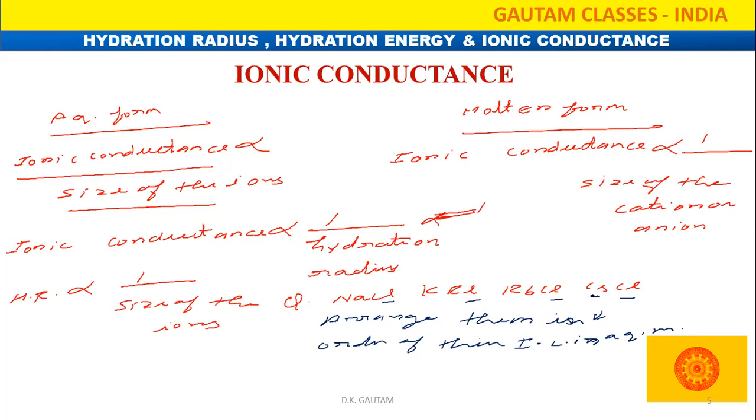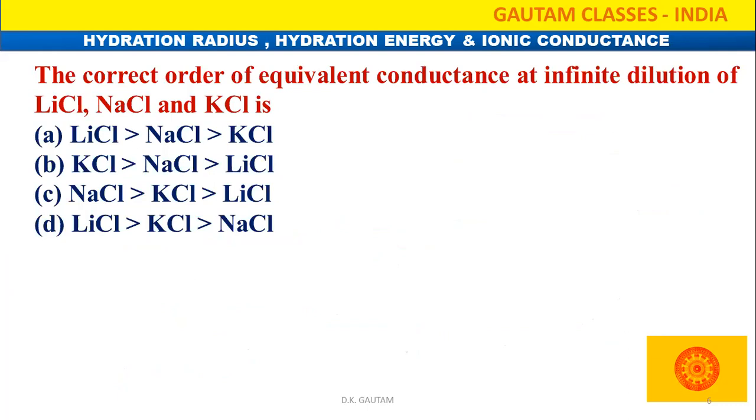Cesium has the highest cationic size, so its hydration radius will be lower. If hydration radius is lower, definitely ionic conductance will be greater. So the ionic conductance order is cesium chloride, then rubidium chloride, then potassium chloride, then sodium chloride. Hope you got the idea what type of question will come and how we can give the answer.